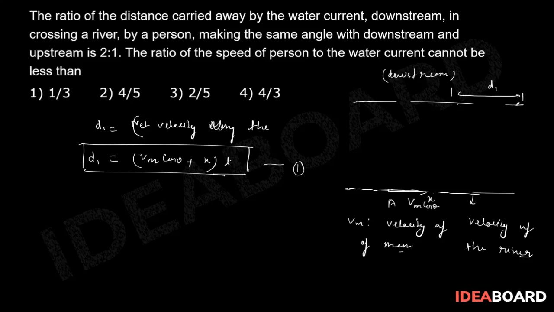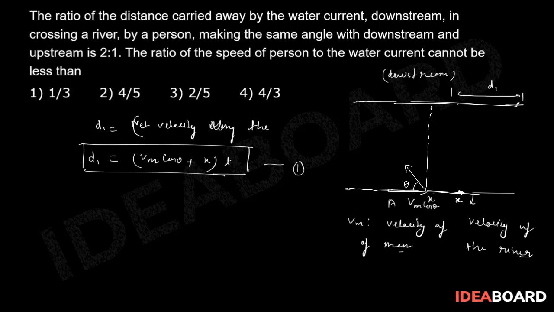This was the perpendicular, and this time the case is upstream instead of downstream. So let's say man is traveling like this. Certainly we can assume this angle to be theta, but the direction of the river is again x.